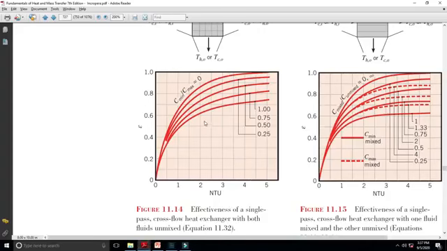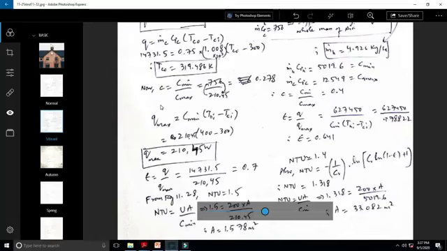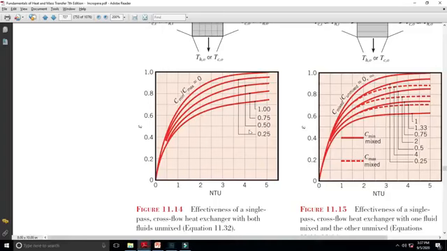Now if we go over here on this chart and intersect the two values, effectiveness is 0.7, so between 0.6 and 0.8 would be 0.7, and then C is 0.27. We have this line of 0.25, so it would be just a little bit above 0.25.